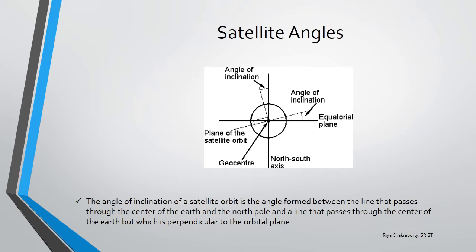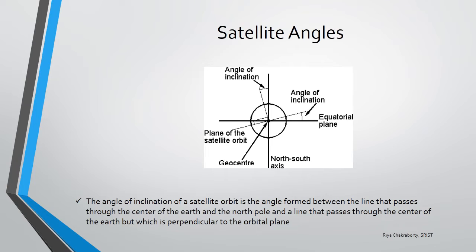Satellite orbits can have inclination angles from 0 degrees through 180 degrees. Orbits with a 0 degree inclination are called equatorial, and orbits with an inclination of 90 degrees are called polar.